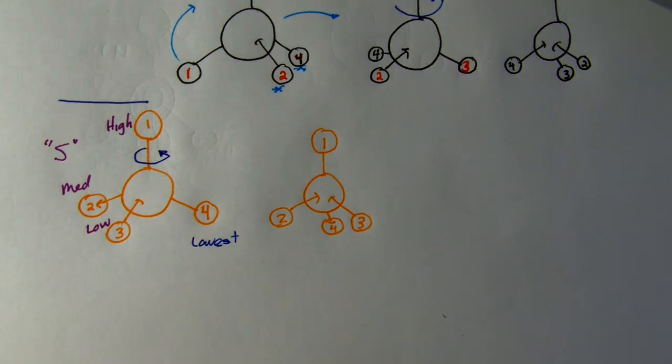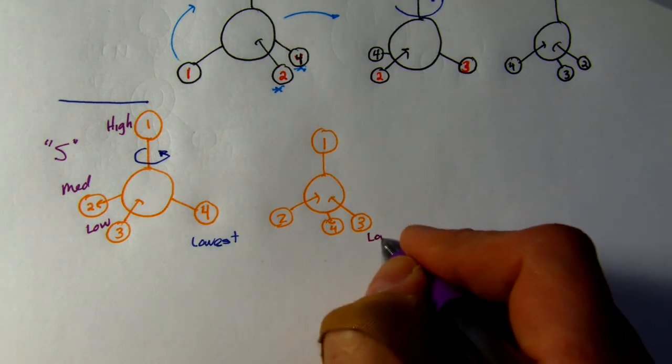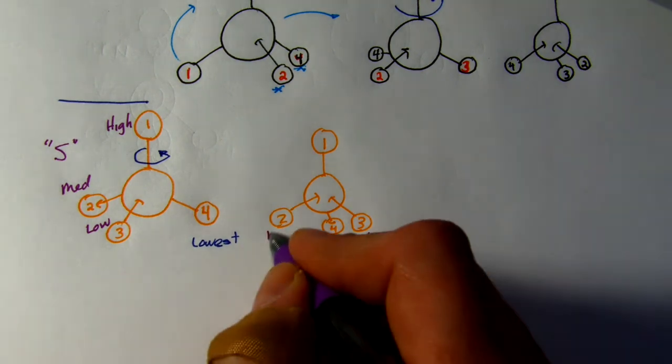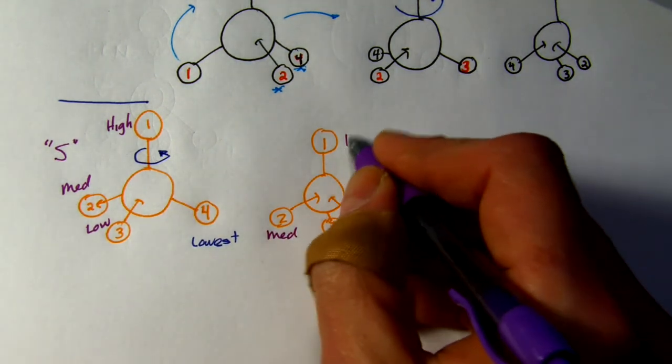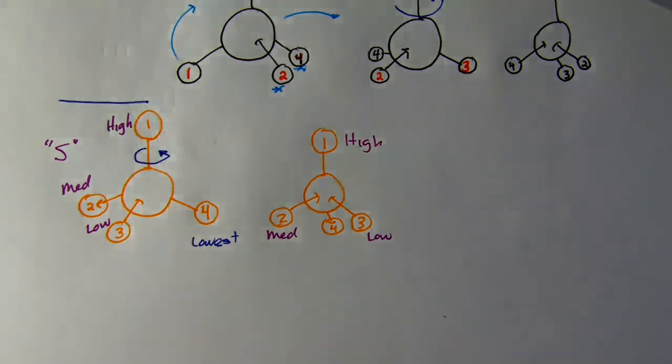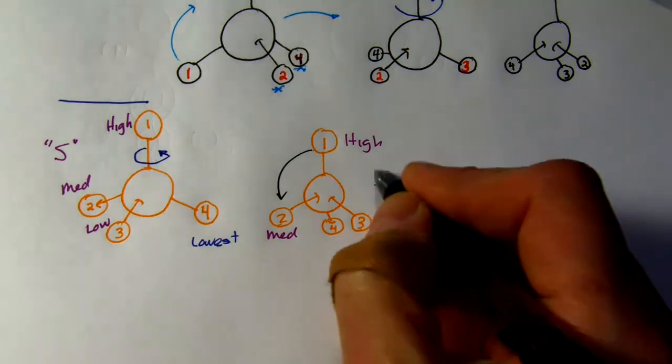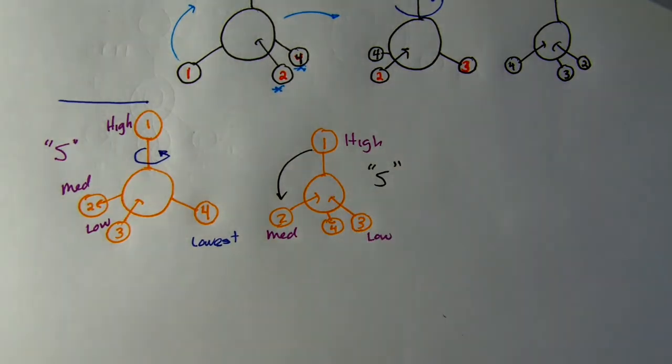But let's designate them by their weights. We said 3 was a low priority. We said that 2 is a medium, and then number 1 is high. And so if we follow this by going from high to low priority, we go high to medium, right? And so immediately you see that that is what we call an S arrangement here. Okay? So really that's the idea, is just to practice this.